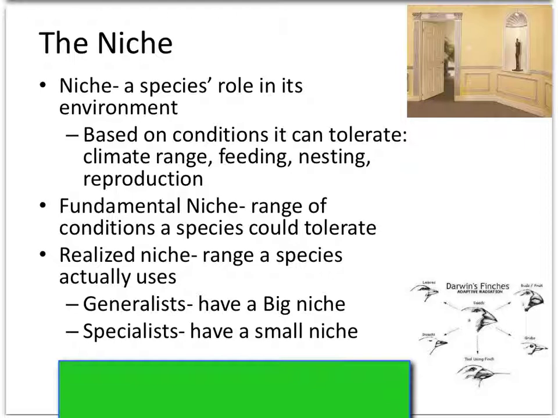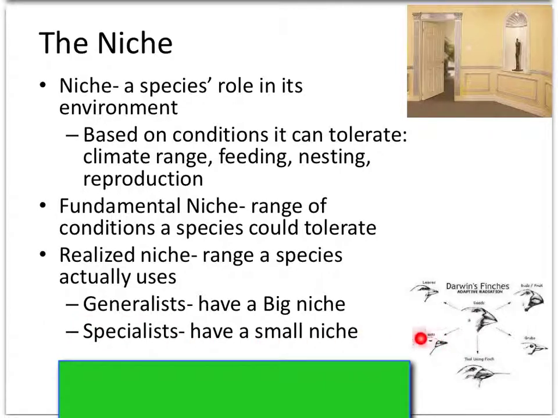Right? Like if you look at these birds over here, we talked about bird beaks before. They all have different sized beaks. Each different beak is very well adapted to eating a certain kind of food, certain seeds, or in this case, it talks about eating seeds and fruits, insects, grubs, a tool-using finch. So these guys all have beaks that are very, very specialized. So these would have a small niche, right?